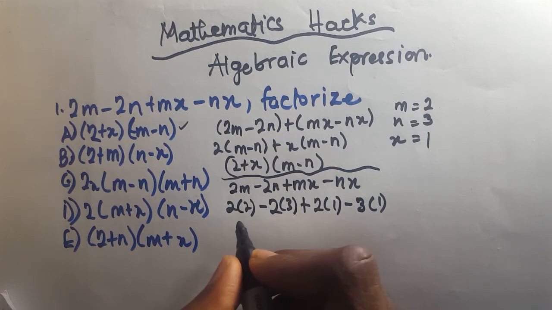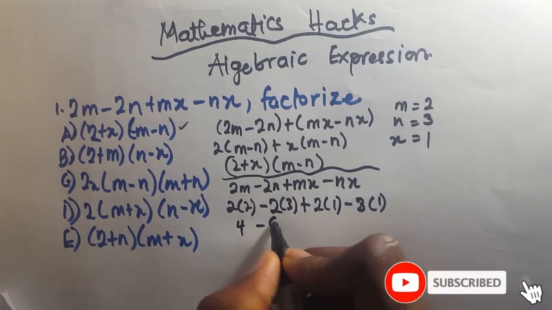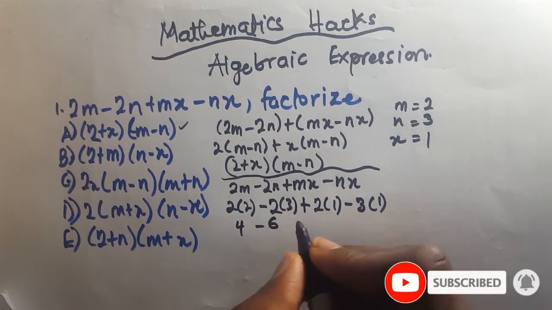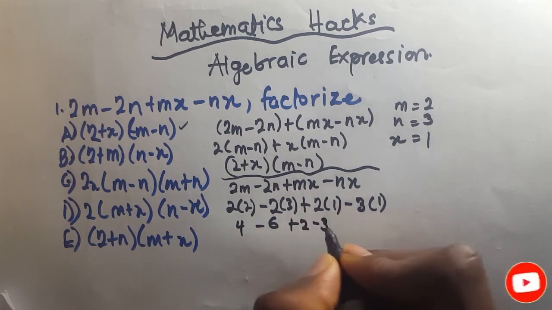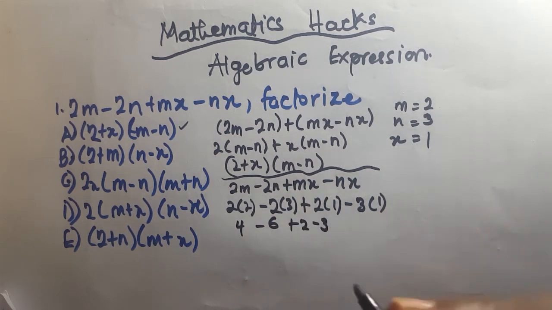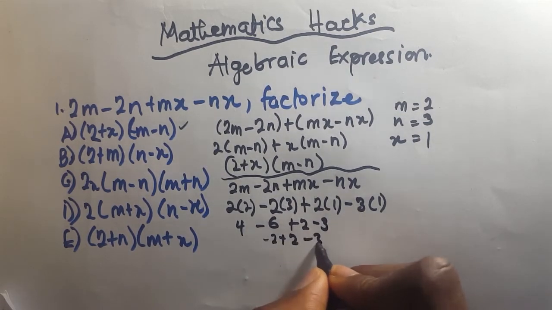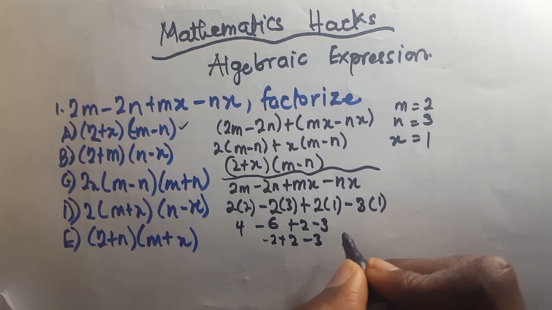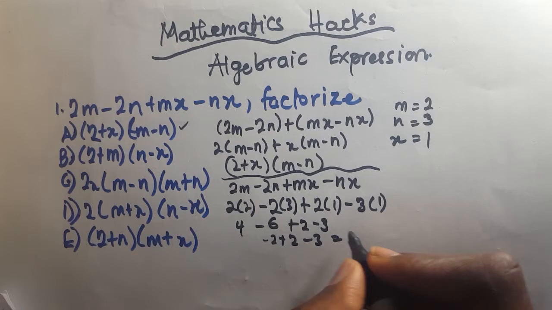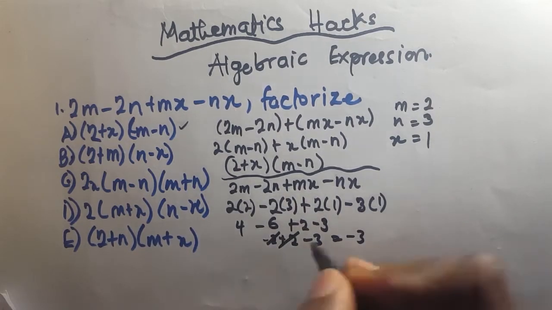So we have 4 minus 6 plus 2 minus 3. When we do our addition and everything, we are going to get minus 2 plus 2 minus 3. Our answer is going to be minus 3, because this will cancel this.